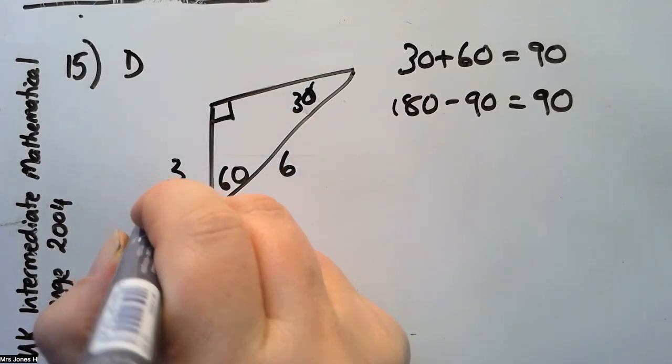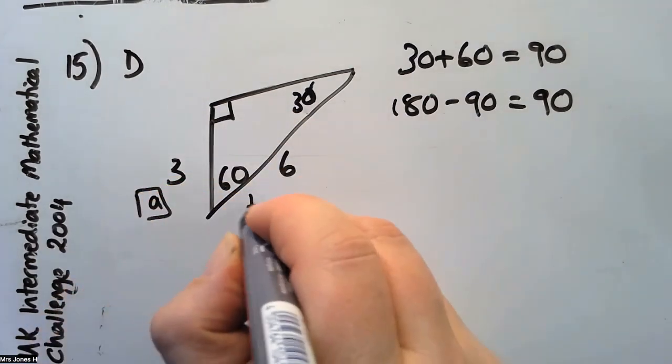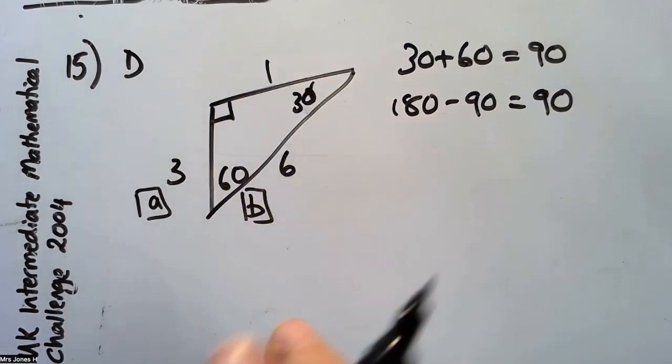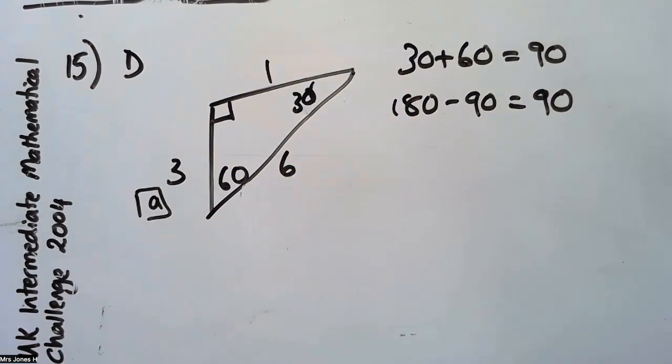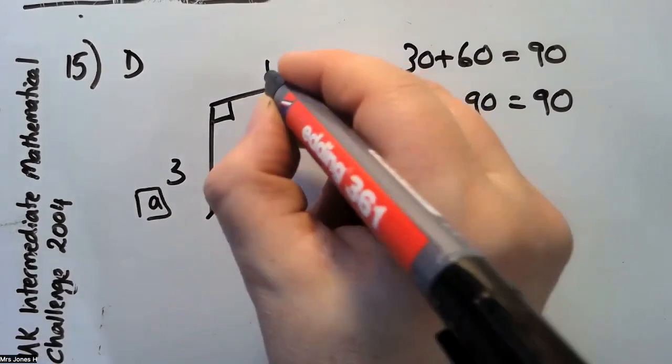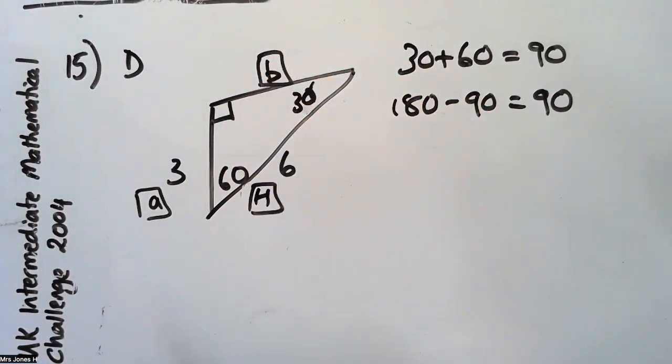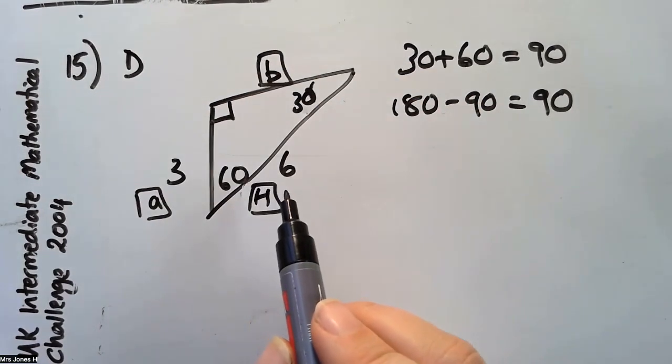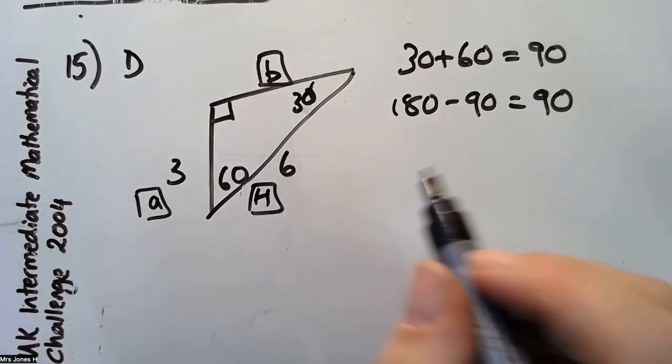If this is A, this is B, and this, sorry, this is my hypotenuse. The hypotenuse is the one that's opposite the right angle. We don't know what B is, so let's see if we can find it out with this.